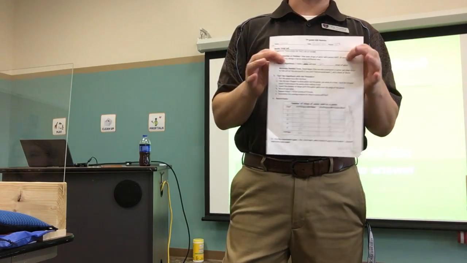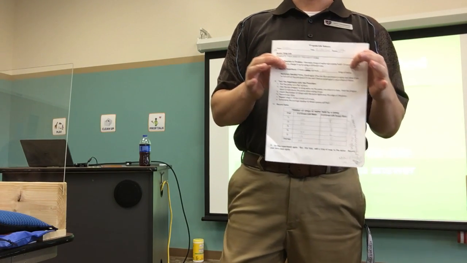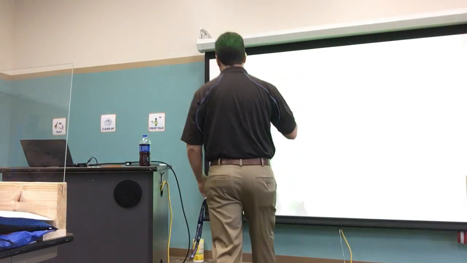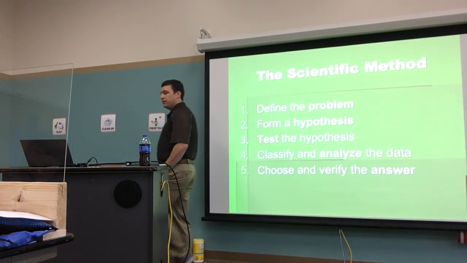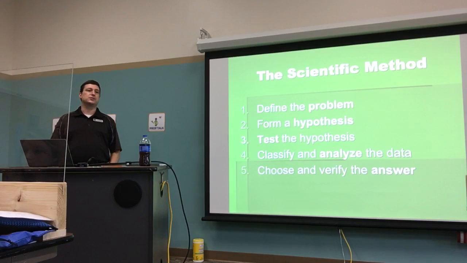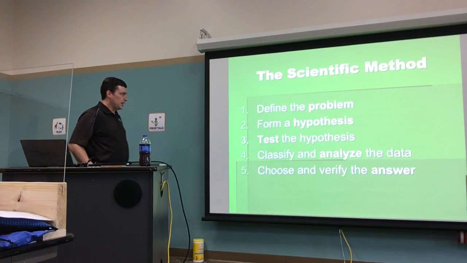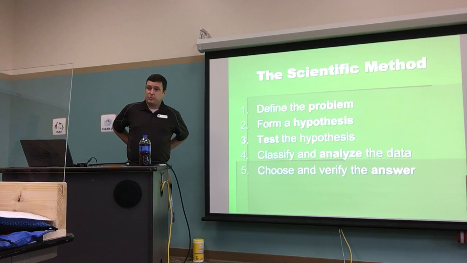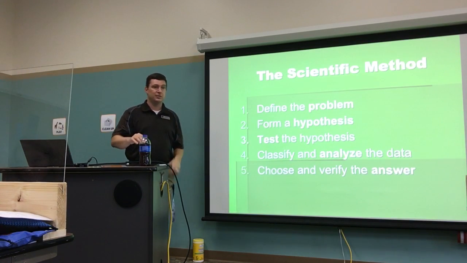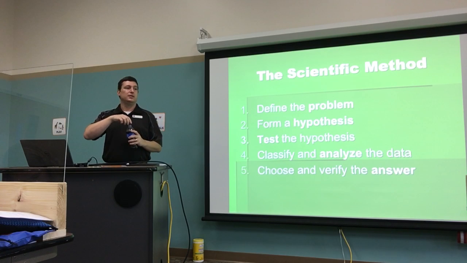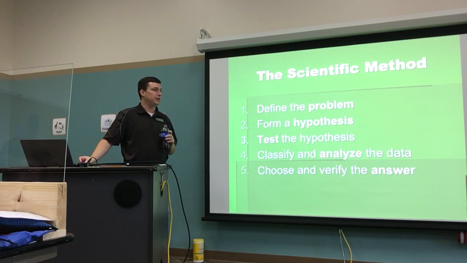That was your problem to figure out, wasn't it? Or your question. So you've already followed step number 1, defining a problem or asking a question. Now, if you've already done that experiment, remember I told you you could use other coins, didn't I? Use a nickel or a dime or a quarter to kind of change things up and make it fun.